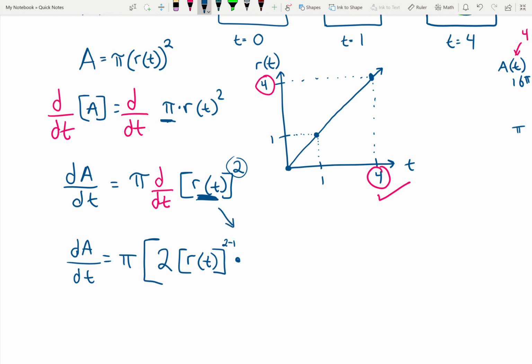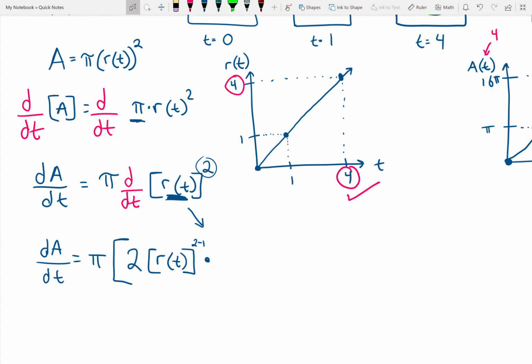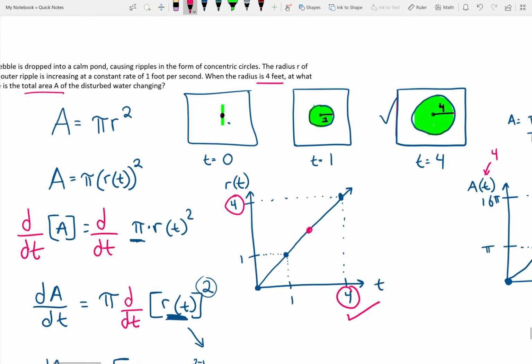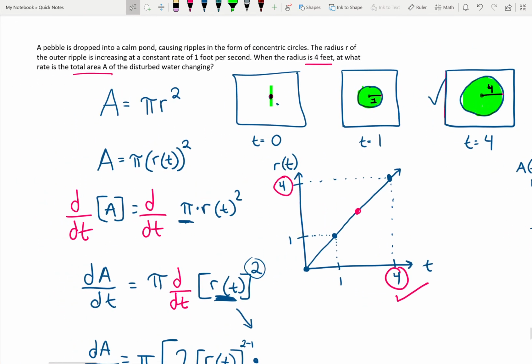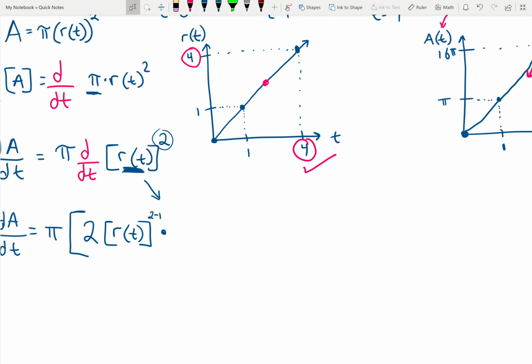But the derivative of the inside is just the slope of this line right here, right? And they actually give it to us in the question. They say that the slope of this line is 1 foot per second. So the slope is just 1 times 1.